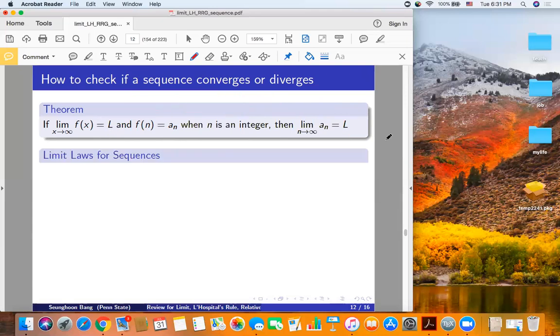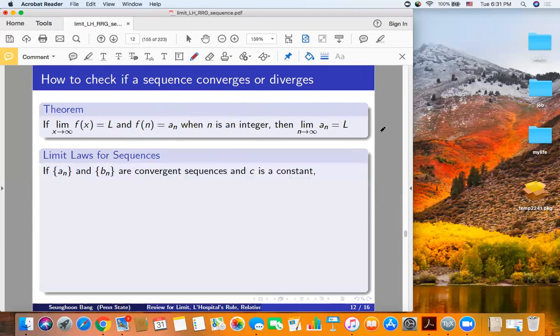The limit laws of sequences. The sequences a_n and b_n are convergent sequences, and c is a constant. The limit of a_n plus b_n: distribute the limit. The limit of a_n minus b_n, the same: distribute the limit, limit of a_n minus limit of b_n.